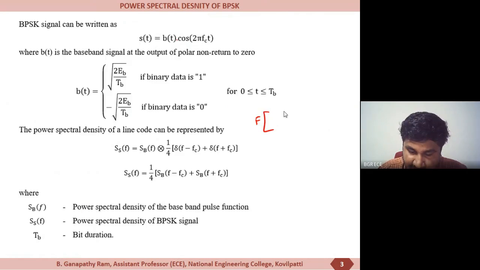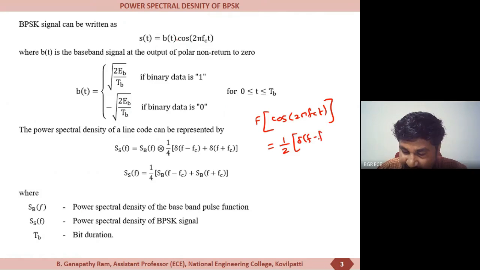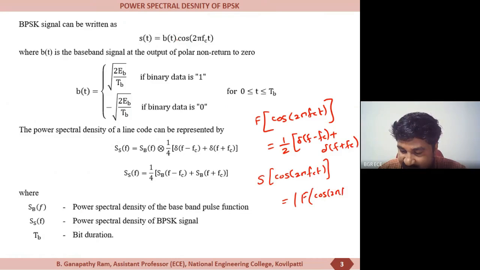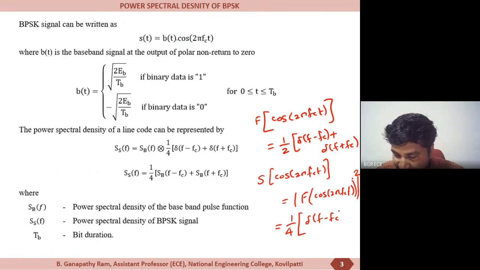And the Fourier transform of cos 2 pi FCT is 1 by 2 into del of f minus fc plus del of f plus fc, and the power spectral density of the cos 2 pi fct signal is nothing but the square of the Fourier transform of the same signal. So it can be represented as 1 by 4 into del of f minus fc plus del of f plus fc.